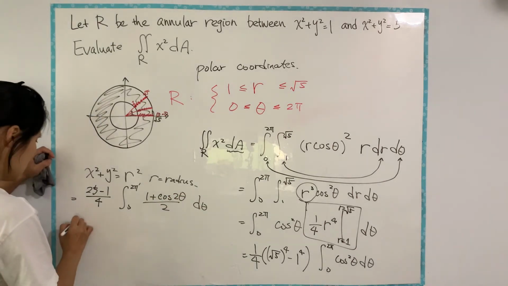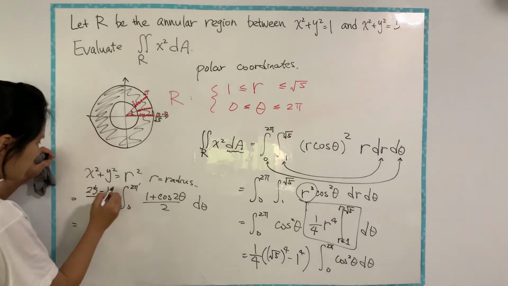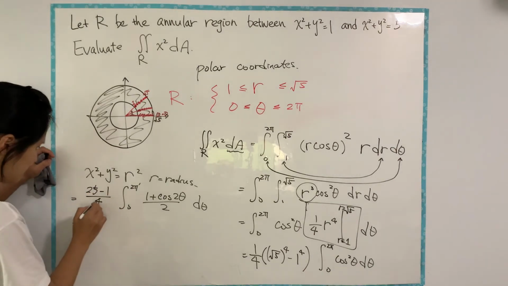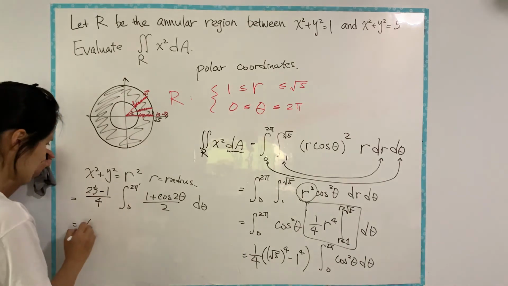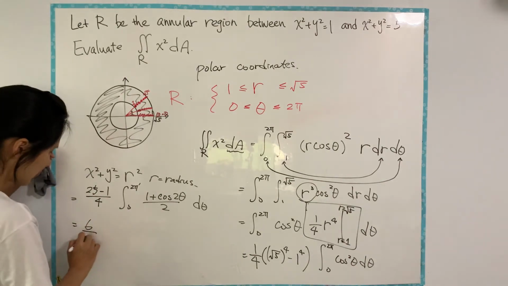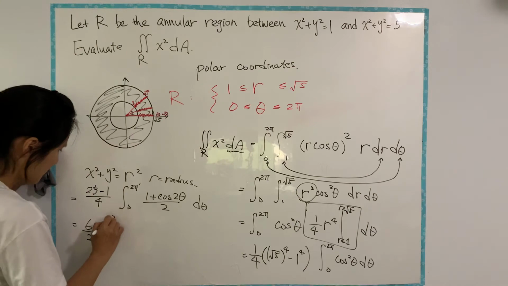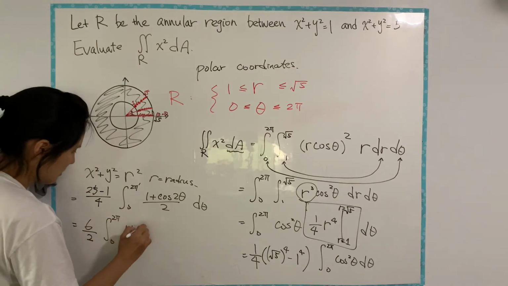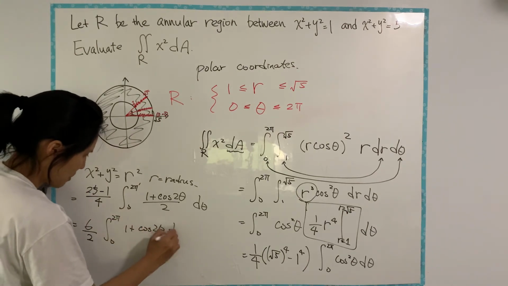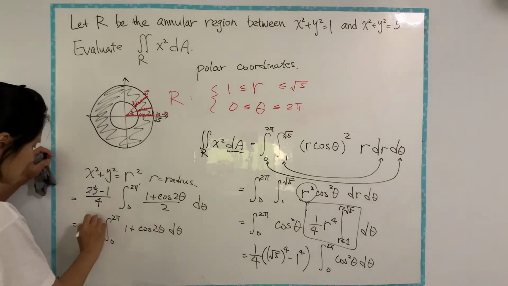So now what do I have? This is 24 divided by 4, so this is 6, and divided by 2, so now this is 3.